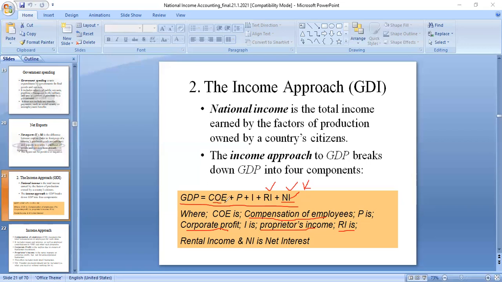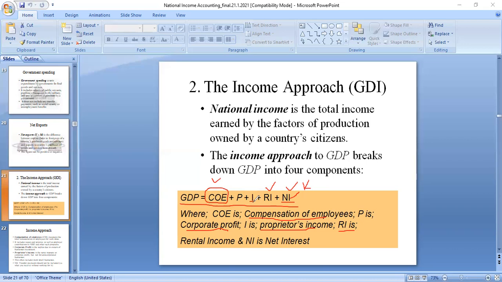The payment to labor is wages. Here we shall be looking at salaries of employees, plus, for example here in Uganda, national social security contributions. So this is labor, the interest is for capital, and then the employees.